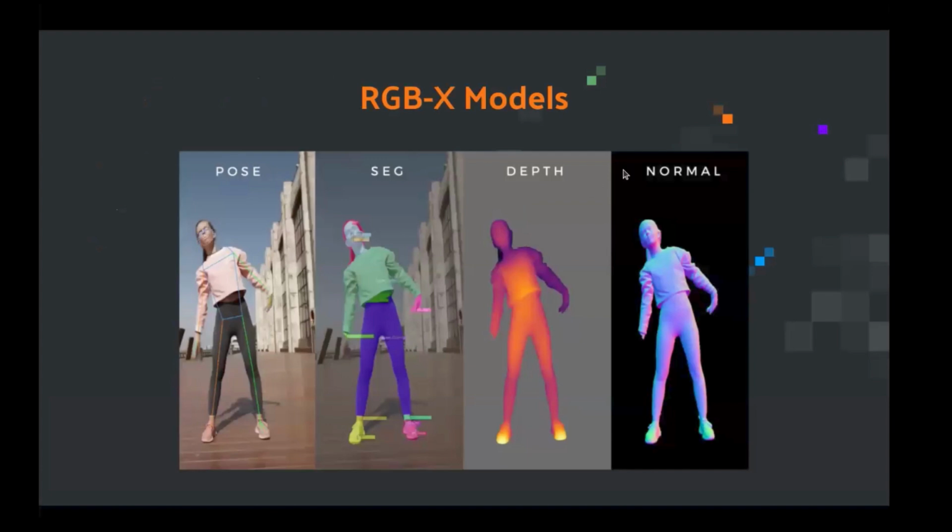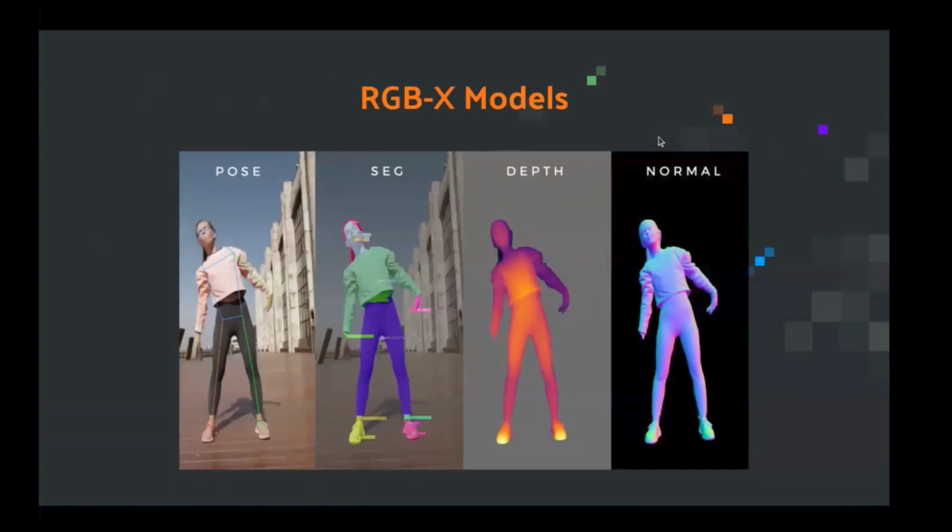However, we're going to be talking about RGB-X models, right? Here is a little clip from the newest Meta model, Sapiens, which is very timely for this talk, showing what is possible with these RGB-X models.